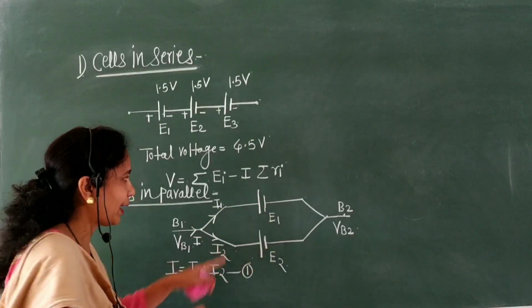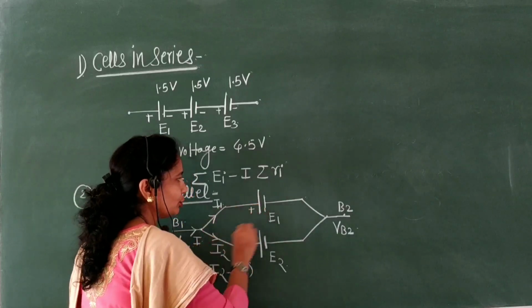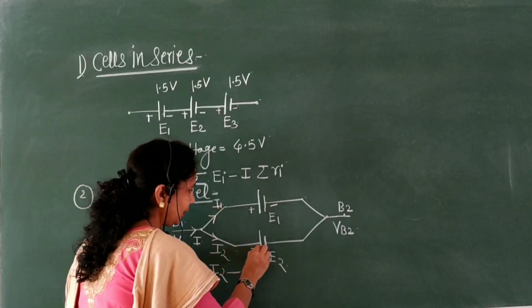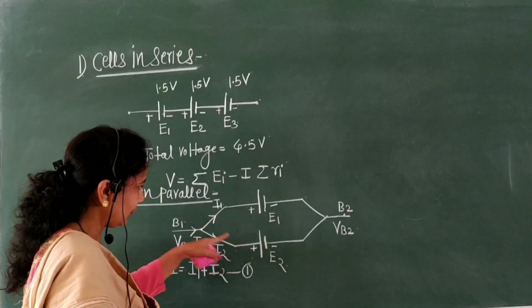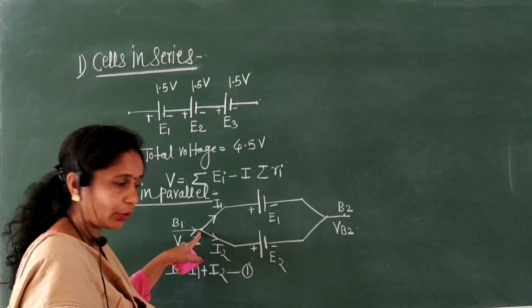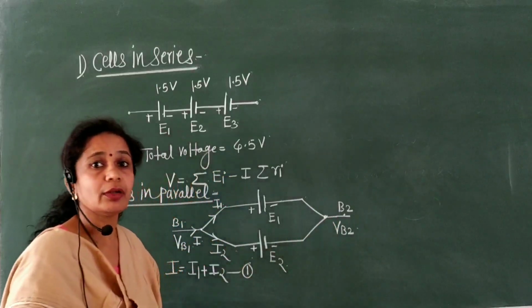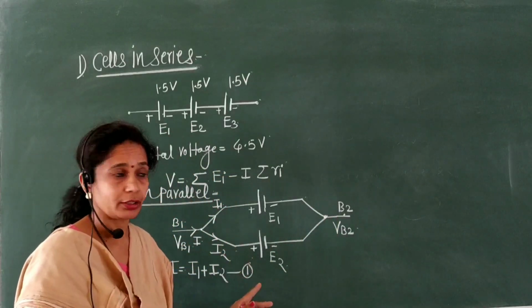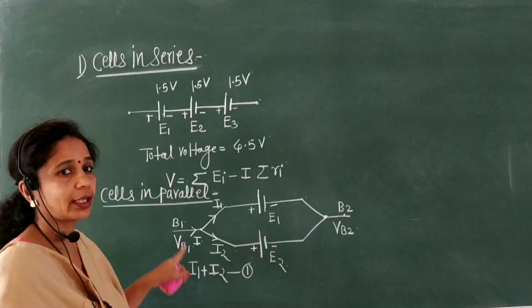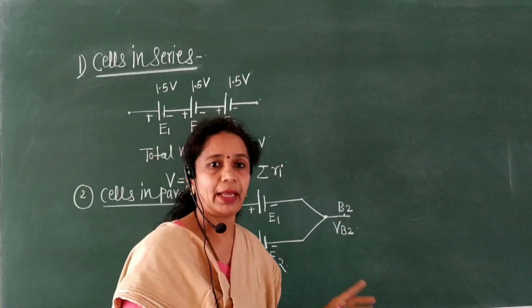This is called a parallel combination. This is the positive terminal, this is the negative terminal. Okay. The positive terminal of each cell is connected to one common point, and the negative terminal of each cell is connected to another common point. This combination is called cells in parallel.